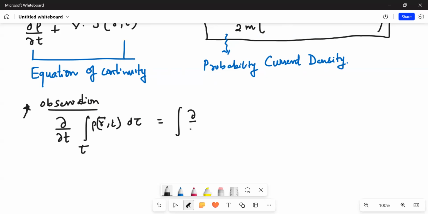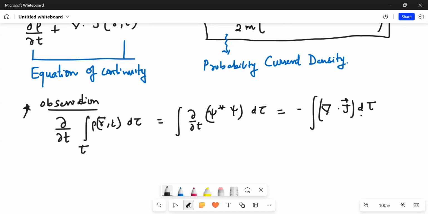It is going to be del by del t of psi star psi integrated over the volume. Basically it is equal to minus, from the above equation, the divergence of the j vector, integrated over tau.